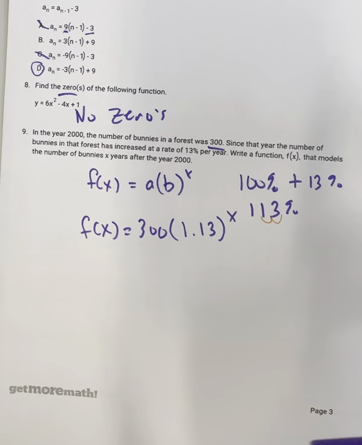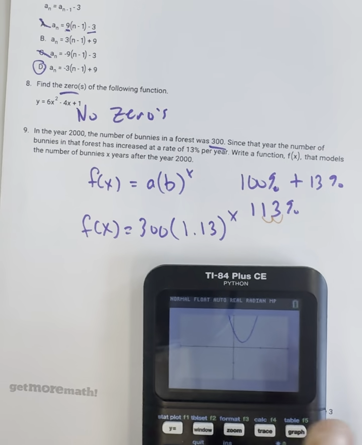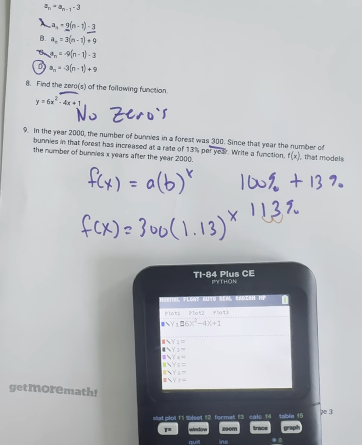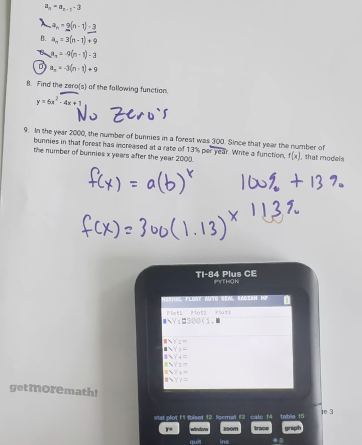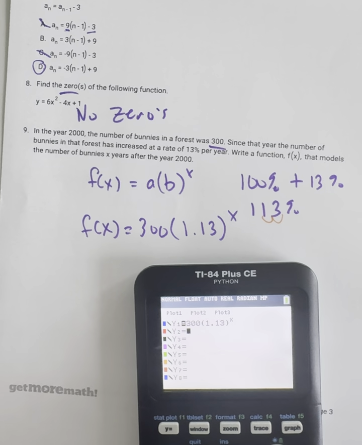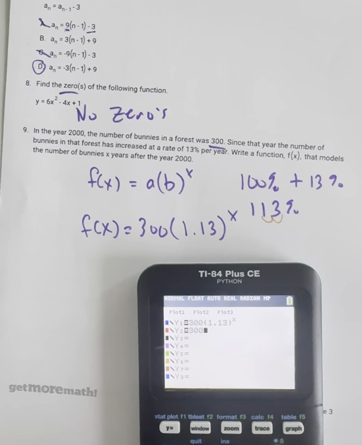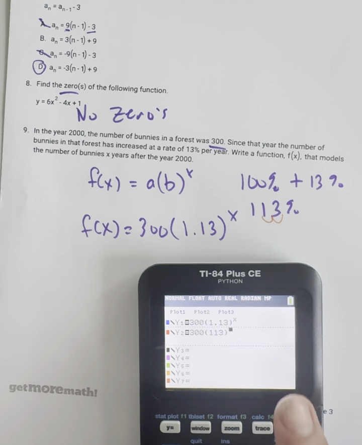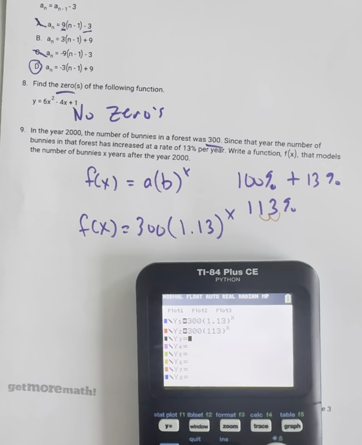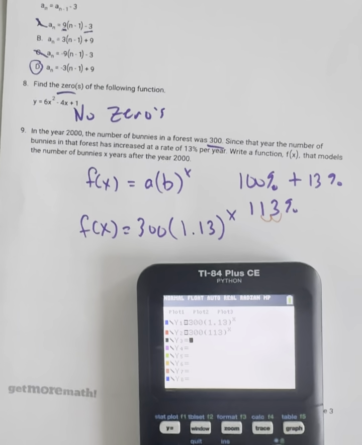And so when you're doing these, it's a good idea to put those in y equals to check your equation. You have 300, 1.13 raised to the x. So let's say we forgot and we didn't move the decimal. What would that look like? And the other common error would be to subtract instead of add.